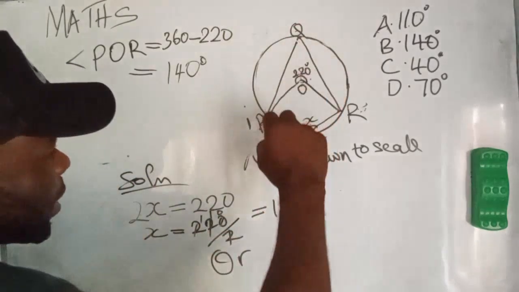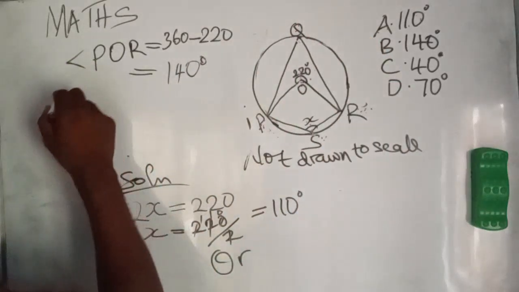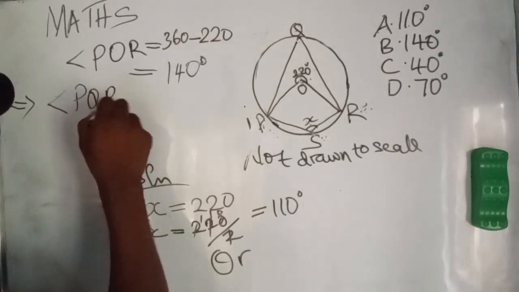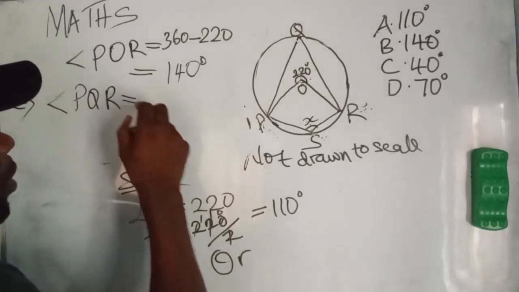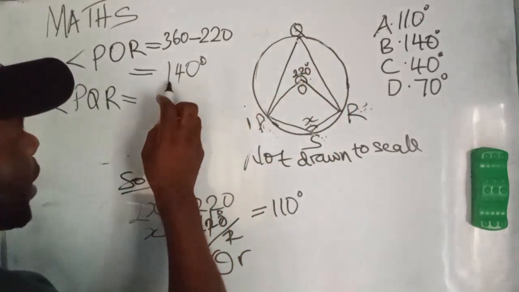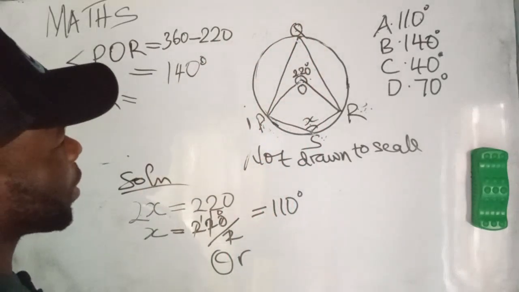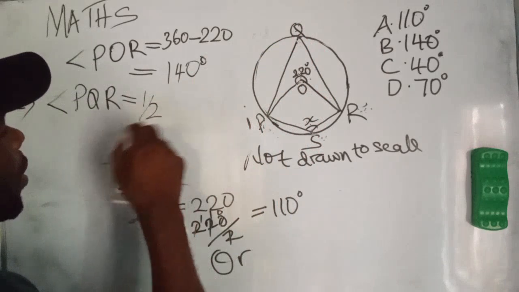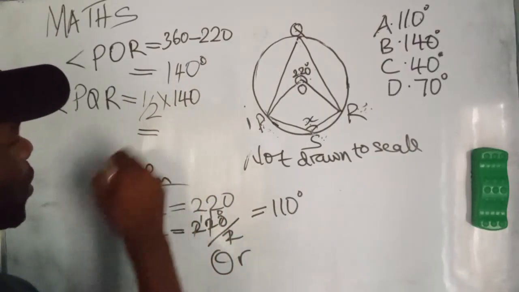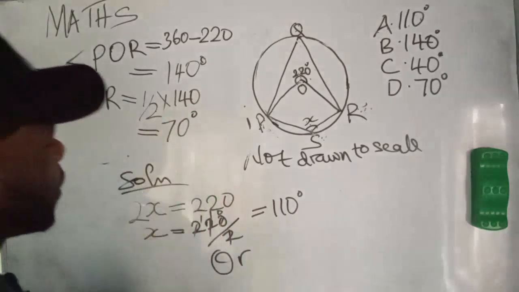So angle PQR is equal to half of the angle at the center, which is half times 140 degrees, and this gives us 70 degrees.